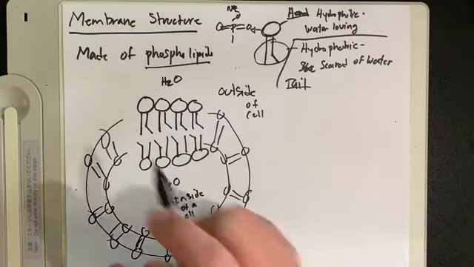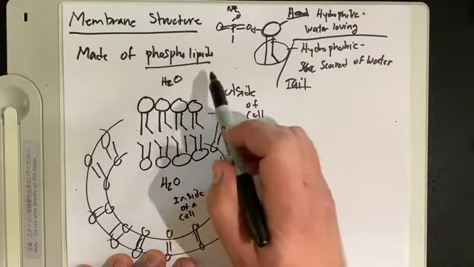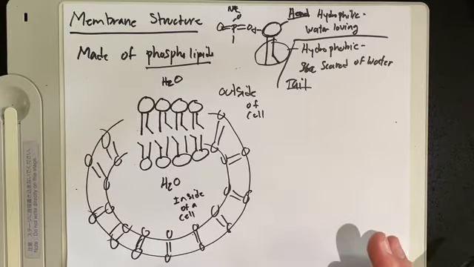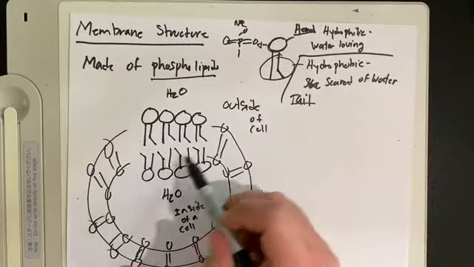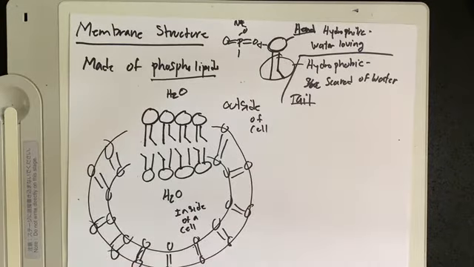And that is how we create the membrane structure of a cell, through these phospholipids, because they interact with water based on whether they are the heads that are hydrophilic or the tails, which are hydrophobic. You end up creating this pseudo cell structure, right?